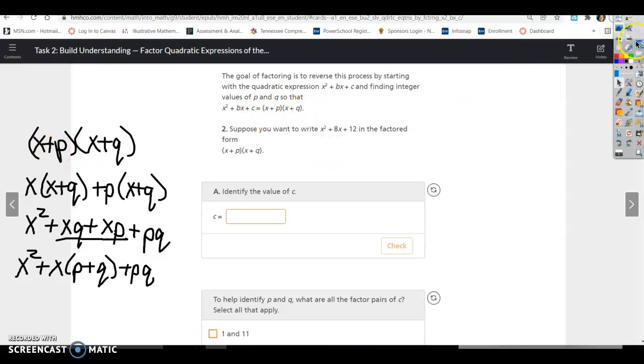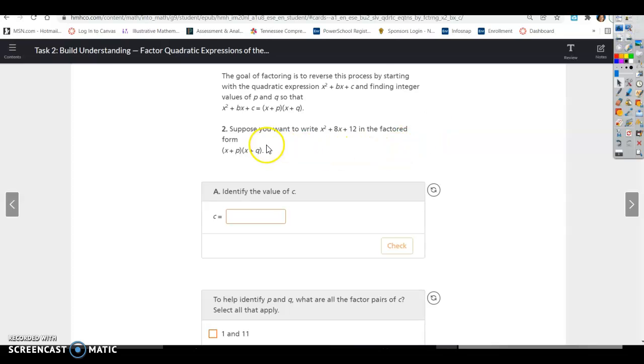Suppose you want to write x squared plus 8x plus 12 in the factored form. Identify the value of c. Remember our quadratic, we've got a, b, and c. So c would be our constant term, which is 12.